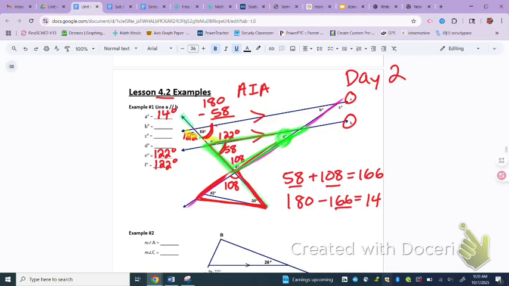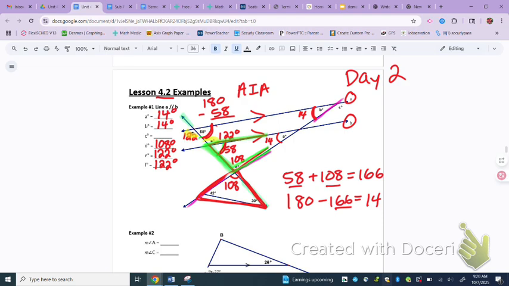Now, eraser. Now I'm going to make the jump. If this is 14 degrees on this transversal, B is also 14 degrees because they're corresponding angles on that transversal on this set of parallel lines. And now I can find C. We found angle D already.